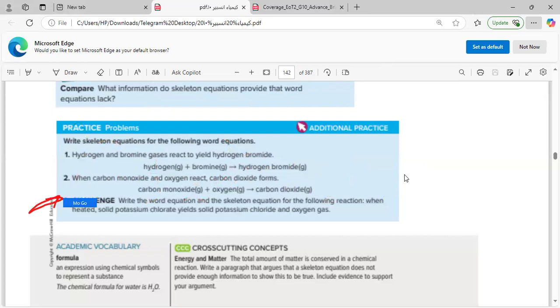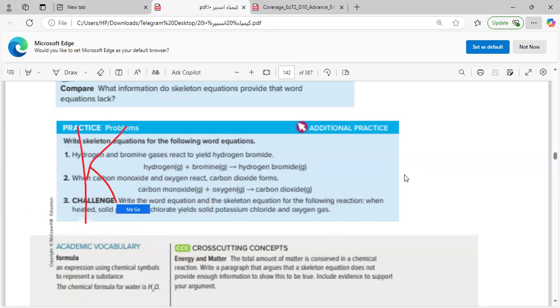The third one is a challenge. Write the word equation and the skeleton equation for the following reaction. When heated, solid potassium chlorate yields solid potassium chloride and oxygen gas. So potassium chloride comes from the chlorate.